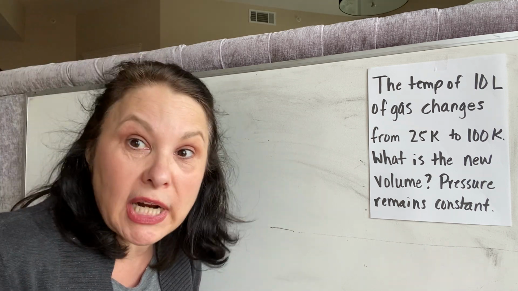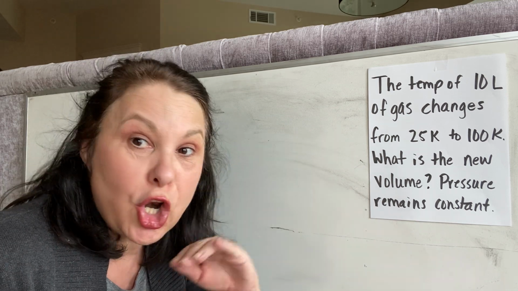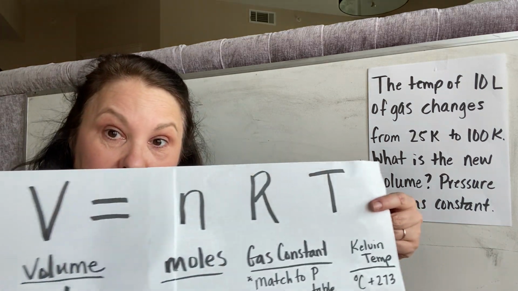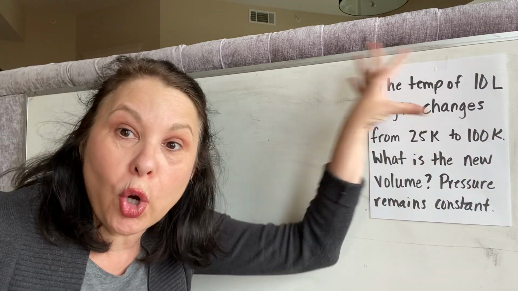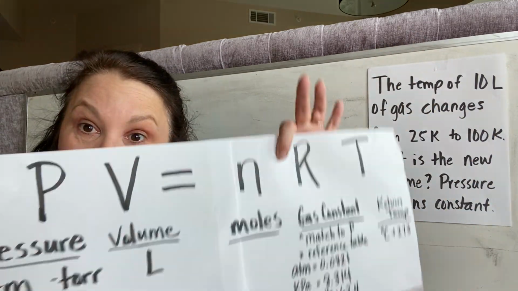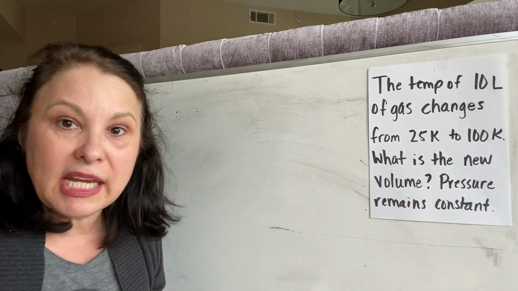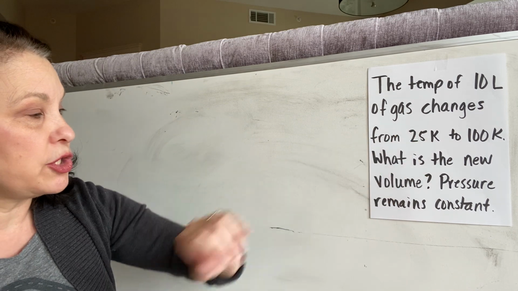Okay, guess what I didn't hear in that problem? I did not hear moles. Nowhere. That means that this formula right here that has moles in it cannot be used because the word moles is not in this problem. So no to this.